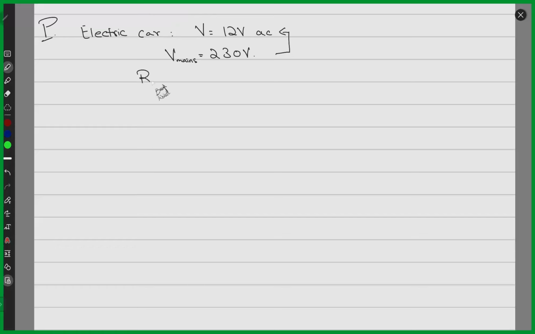So how would I compute this ratio? What I want is the ratio of the number of turns, because you have to remember that a transformer just means that we have two coils: one is the primary coil and one is the secondary coil. So how do I calculate this ratio of the number of turns required?